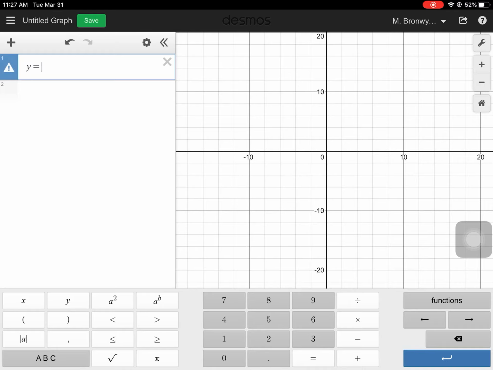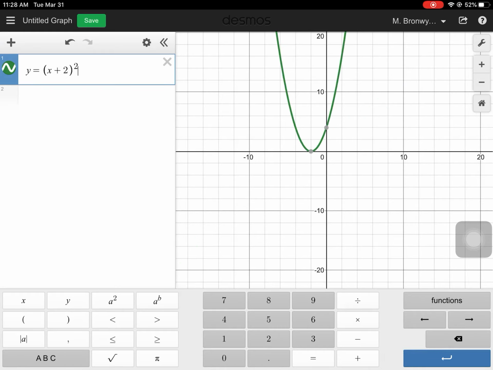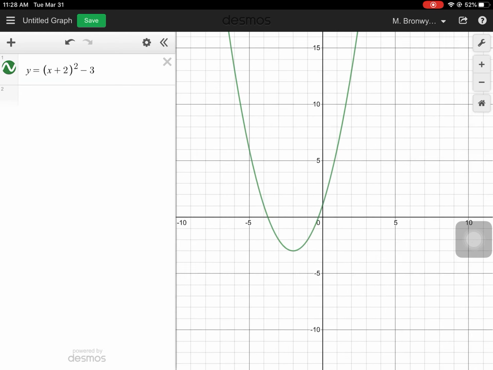So this equation was y equals the quantity x plus 2 squared minus 3.